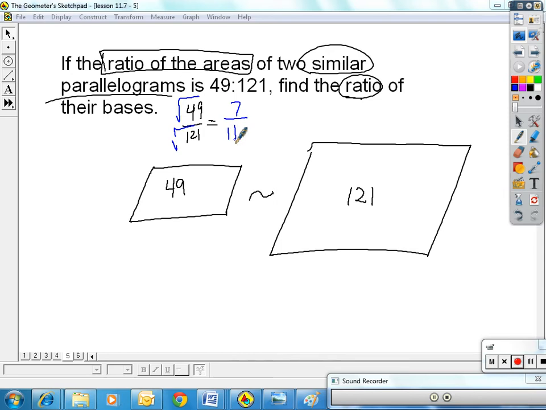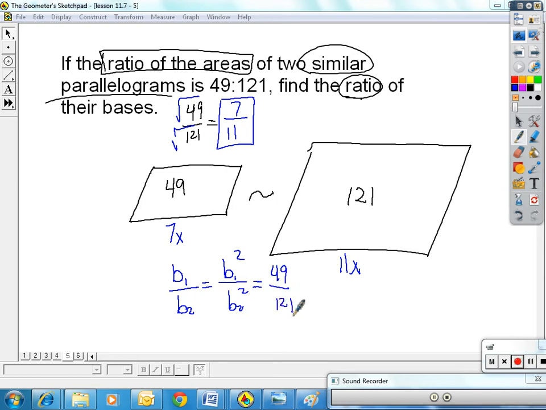The ratio of their bases is 7x to 11x. Because the ratio of base 1 to base 2 is equal to the square root of that ratio of areas, by the definition from the last slide, and we knew that was 49 to 121.